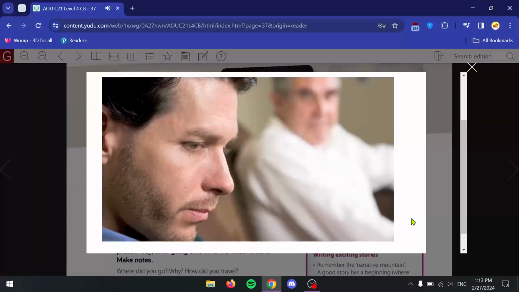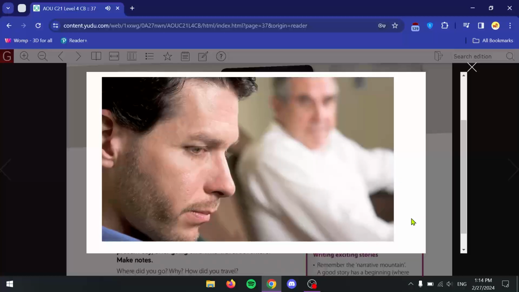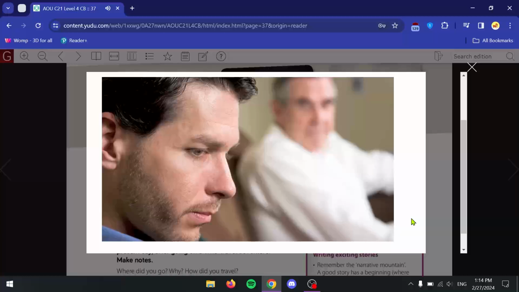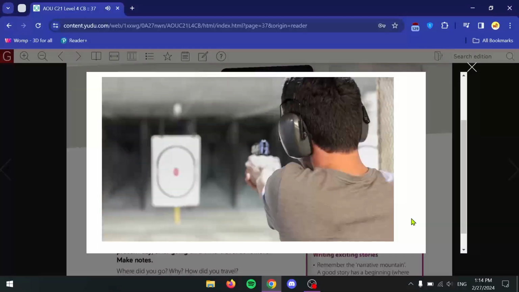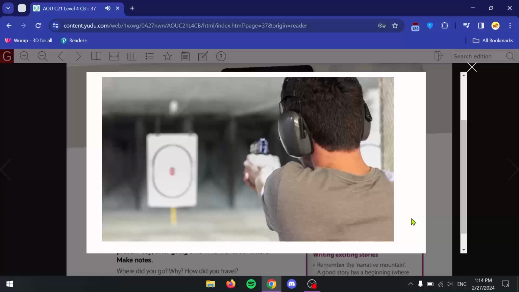Imagine a young time traveller is very angry with his grandfather because of the way the old man has lived his life. So the time traveller decides to go back in time to when his grandfather was young and shoot him. He buys a gun and practices his aim every day until he is a top marksman.